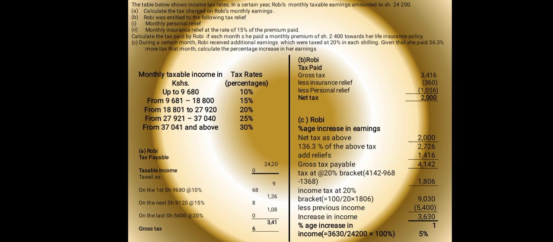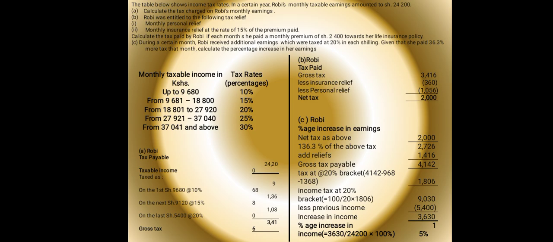The first 9,680 at 10%, the next 9,120 shillings at 15%, and then the last 5,400 shillings at 20%. His total tax is 3,416.